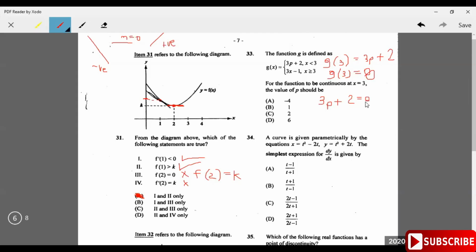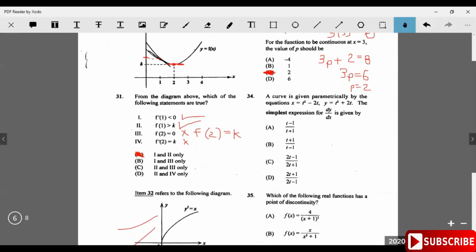If 3p plus 2 is equal to 8, we're solving that 3p must be equal to 8 minus 2 from both sides, which is 6. And then we divide by 3, and so we're getting that p is equal to 2. Easy question, soft. P has to be 2.